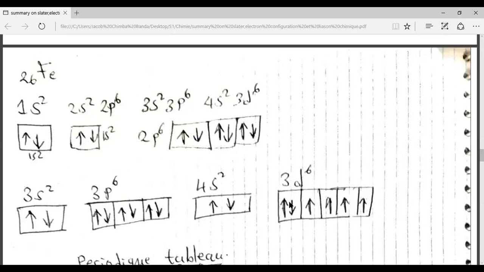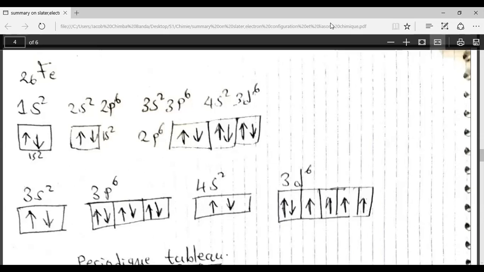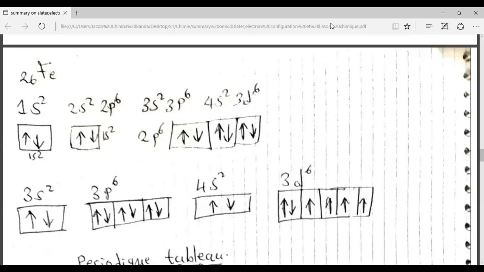If you count, it's 1, 2, 3, 4, 5, 6, like that, if you are drawing it this way. I don't know if I'm clear until there, or if you have any question.